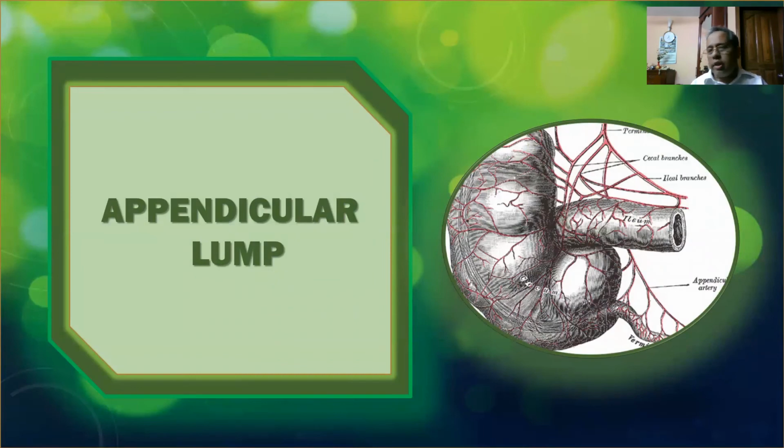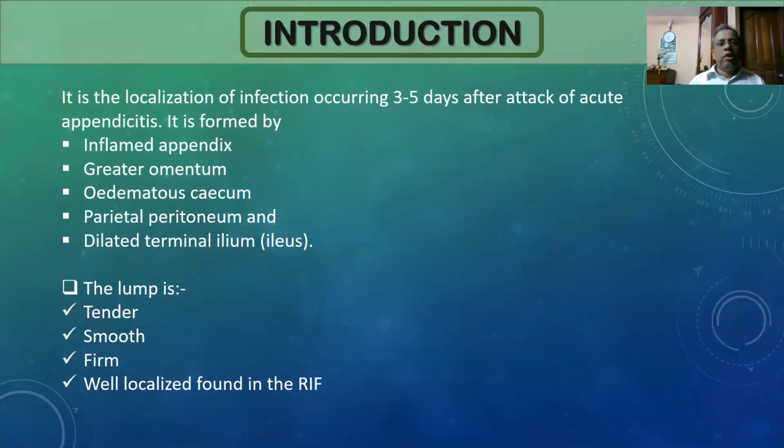So look, the appendicular lump formation. How is the lump formed? The lump is formed by adherence of all the viscera surrounding the appendix. That is the answer. So what are the viscera surrounding it?